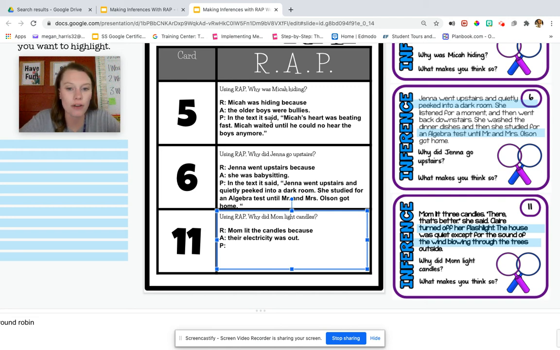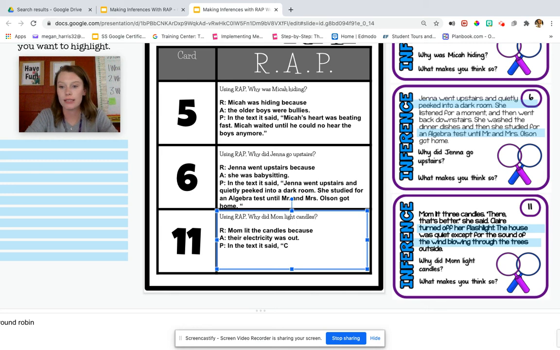Well, we already know from the first two, how do we always start proof? In the text it said. Okay, here we go. Let's look. I'm going to pull these two clues that I highlighted. That's why, kiddos, it's so important for you to use those highlight bars, because when I come back over here, I immediately know where to look because I can see what I've highlighted.